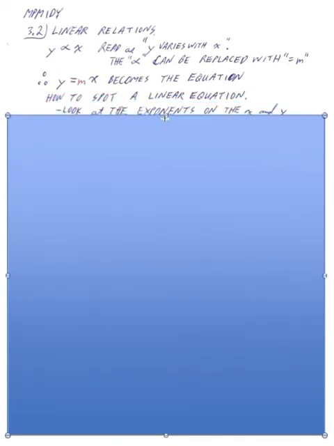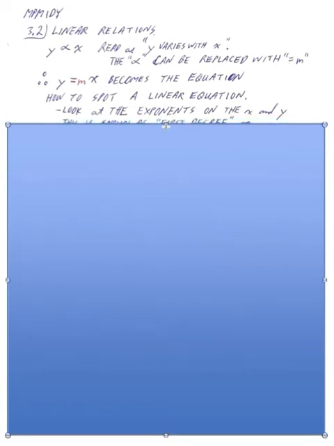Okay, so let's continue on. How can you spot a linear function? The first thing is you look at the x and the y, and those exponents on the x and on the y are powers of 1.